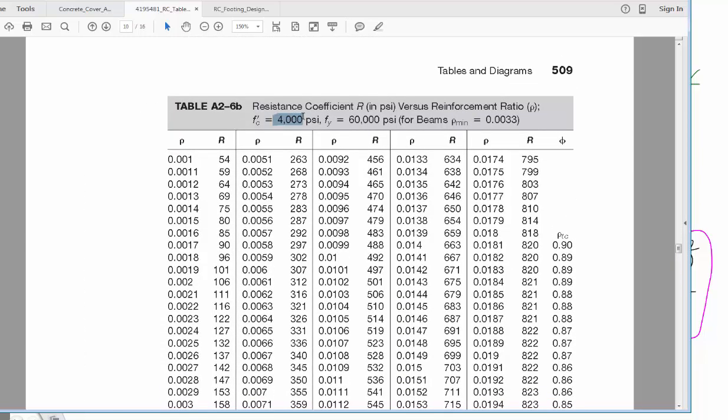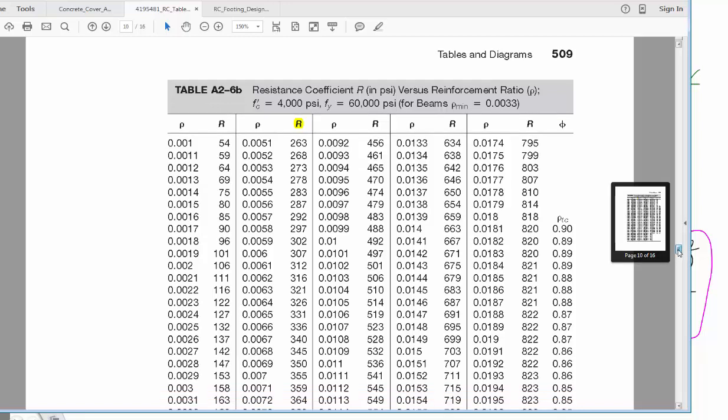So I have 4000 concrete and I have 60,000 steel, and the value of R, these are the R's, 164 point something. So I'll go to 165. Let me just double check. Yeah, 164.7. So I will go to 165.